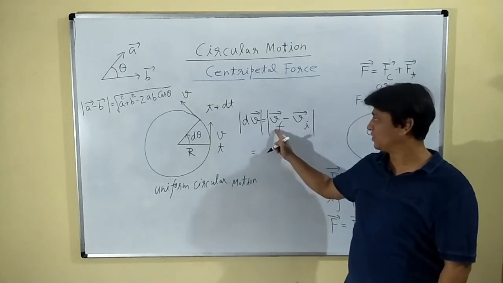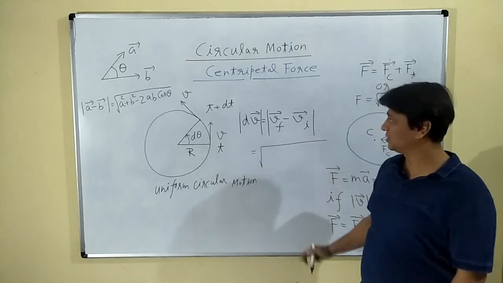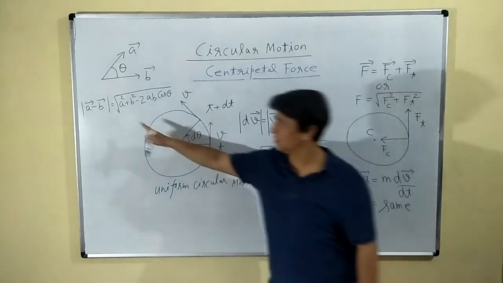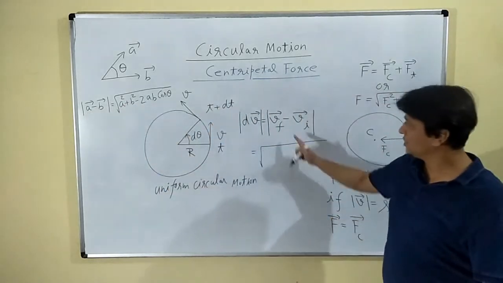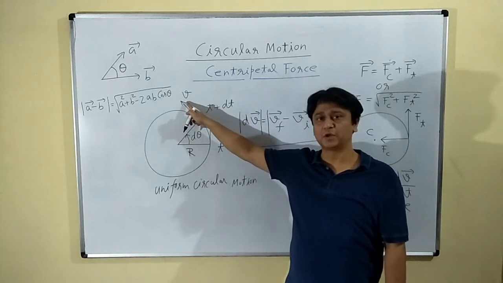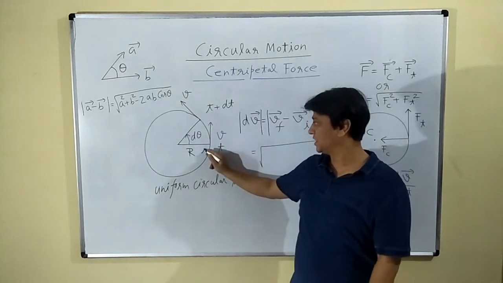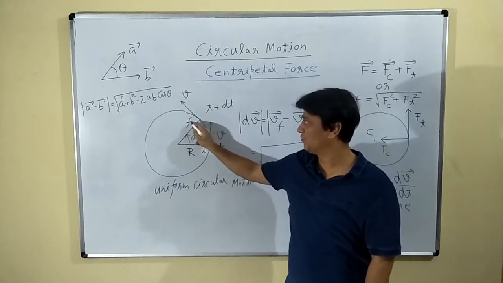How do you find V final minus V initial? Magnitude: root over first vector, its magnitude square of that, first vector, its magnitude square of that. What is the magnitude of the V final vector? This is your initial position and this is your final position.